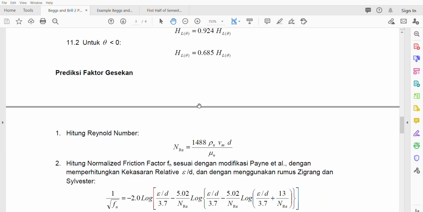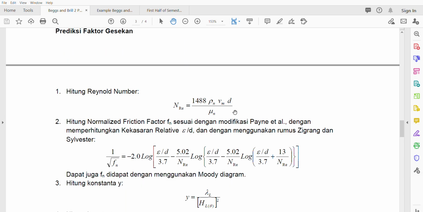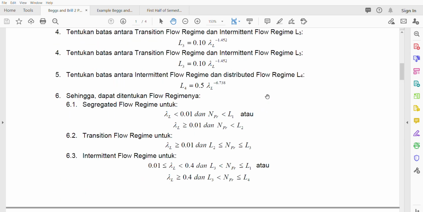Next we predict the friction. Again, for this friction we use the Reynolds number, but remember we have a density N, a Vm, and we have already got D, and viscosity N. Remember, density N, rho N, is equal to rho gas times 1 minus lambda L, plus rho liquid multiplied by lambda L, and the no-slip viscosity, again, is the viscosity of fluid multiplied by lambda L plus viscosity of gas multiplied by 1 minus lambda L. I've already written it down here.